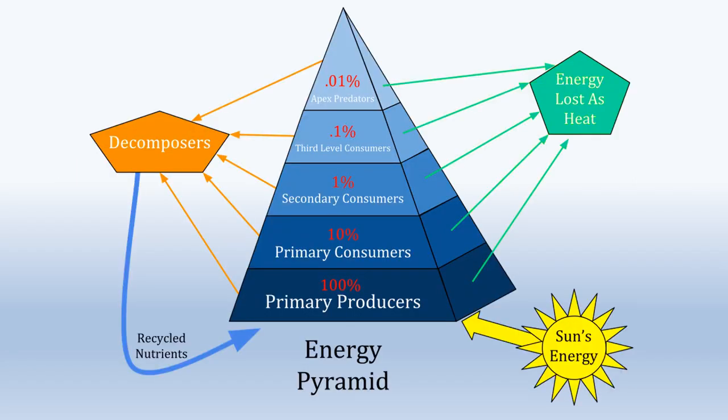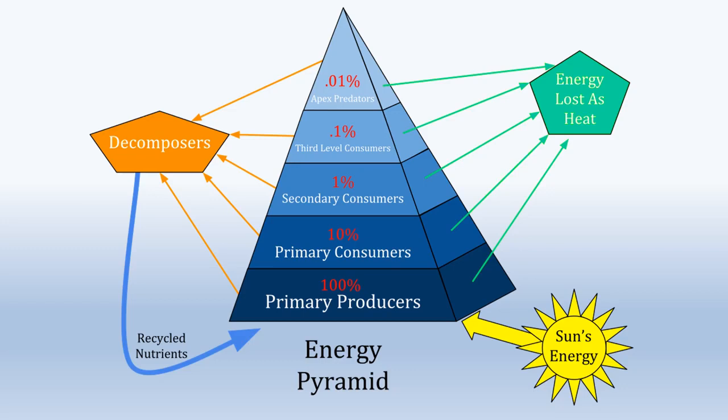This is a typical energy pyramid where you can see that the base of the pyramid is made up of the primary producers, which are getting the direct sun's energy, and primary consumers who are consuming the primary producers are getting 10% only.